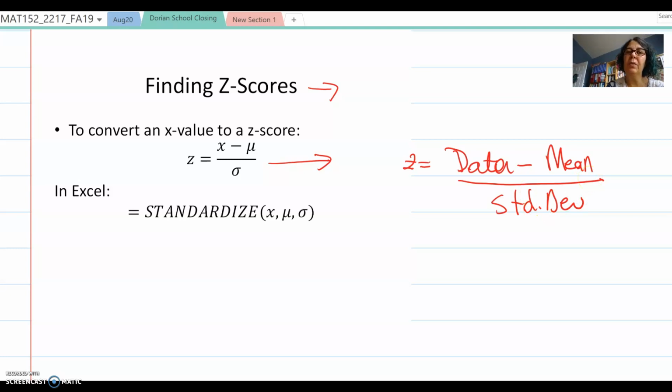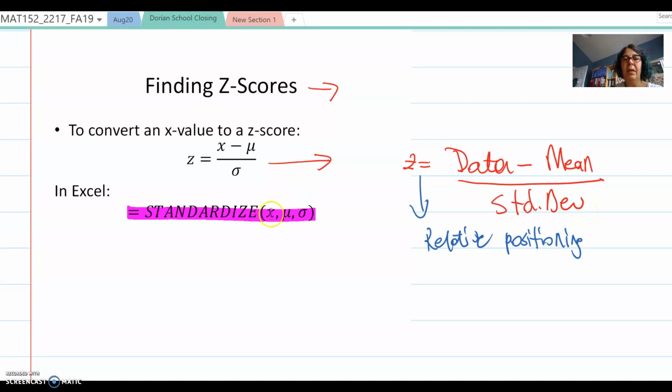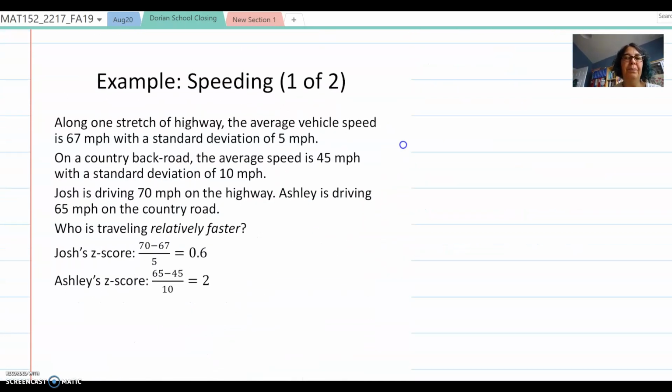So that is going to give us the relative positioning of the data. We call it z-score. And we have a formula in Excel for that. Equals STANDARDIZE, enter your data value, enter the mean of the data, enter the standard deviation of the data. Okay, so we're going to look at it over an example.